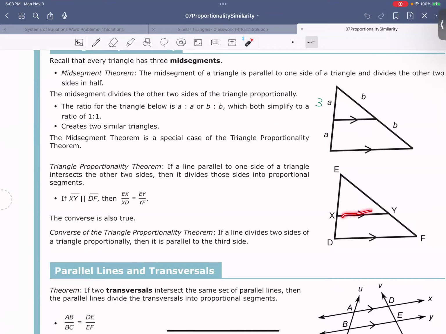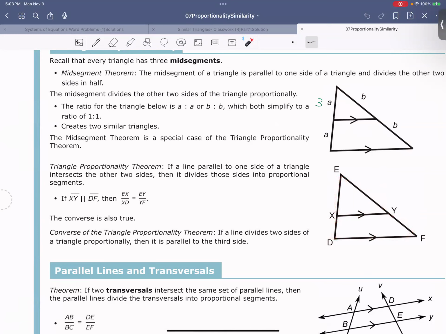And also equal this. But I want you to pay attention. Look here. That piece divided by that piece equals that piece divided by that piece, which also equals this piece divided by this piece. That's true. Some people say this divided by this also equals this divided by this.